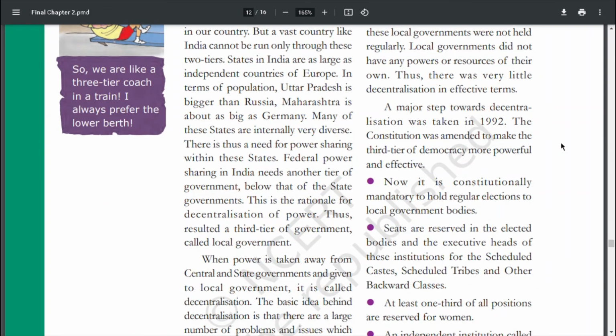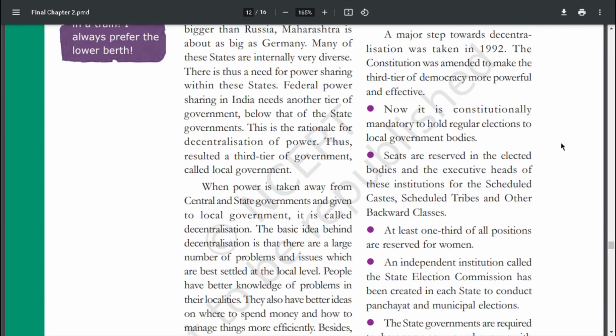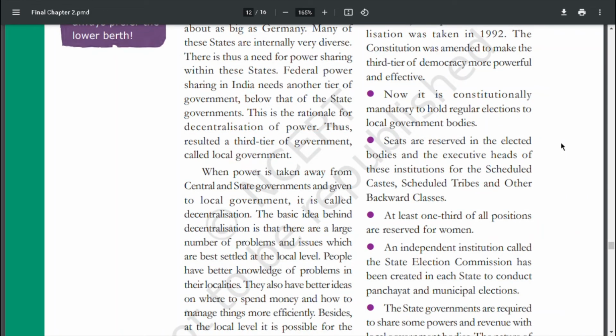A major step towards decentralization was taken in 1992. The constitution was amended to make the third tier of the democracy more powerful and effective. Now, it is constitutionally mandatory to hold regular elections to local government bodies. Seats are reserved in the elected bodies and the executive heads of these institutions for the scheduled castes and scheduled tribes and other backward classes.